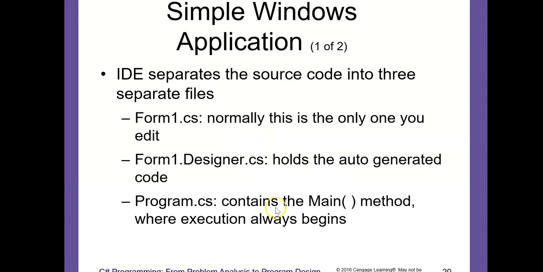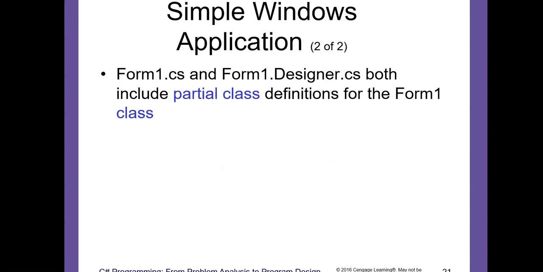Program.cs contains the Main method, where the execution starts. All right, so Form1.cs and the Form1.Designer both include partial classes, partial class definitions for the form class.